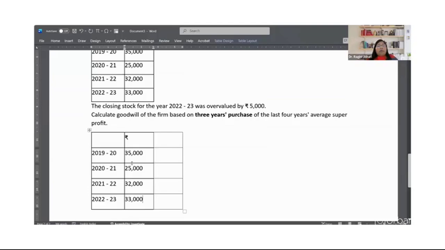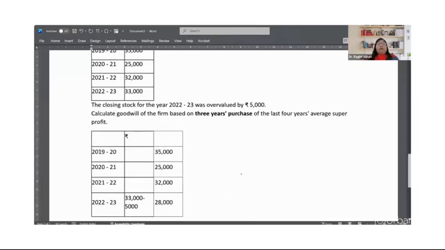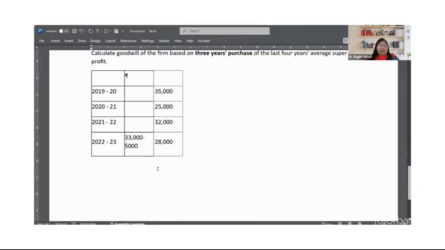So, therefore, what I'm going to do is, I'm going to simply, okay, this here would be minus 5,000 because this much is overvalued. So, the adjusted profit here is 28,000. Now, what do I have to find out? I have to find out, first of all, average profit.